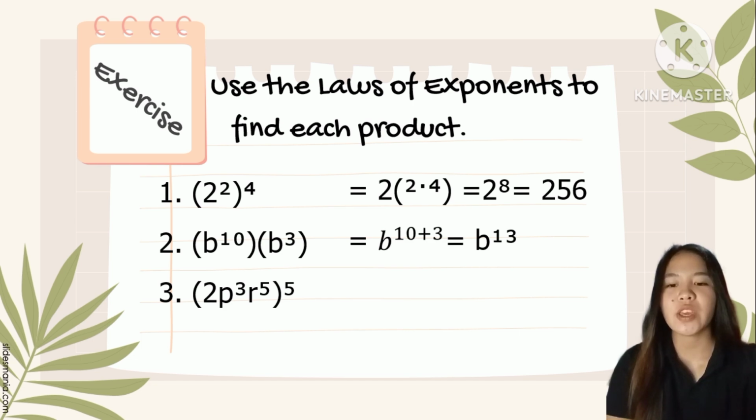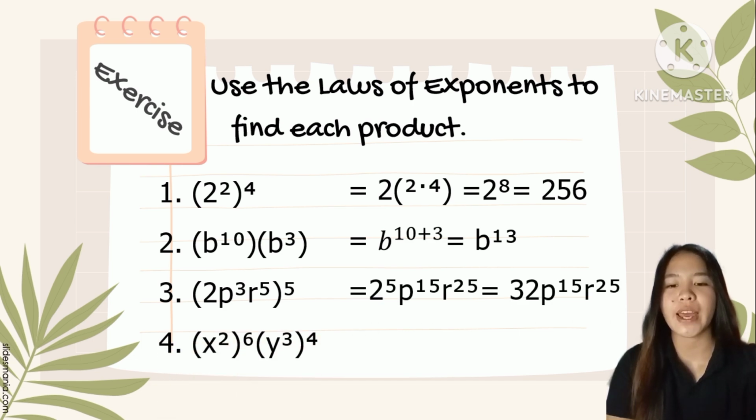Next is 2p cubed r raised to 5, raised to 5, which is equal to 2 raised to 5, p raised to 15, r raised to 25, because 2 raised to 5, and p raised to 3 times 5 is 15, and r raised to 5 times 5 is 25. So our product is 32, because 2 raised to 5 is 32. Then copy the p raised to 15 and r raised to 25.